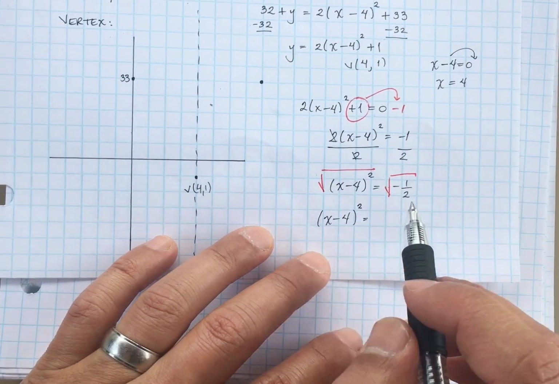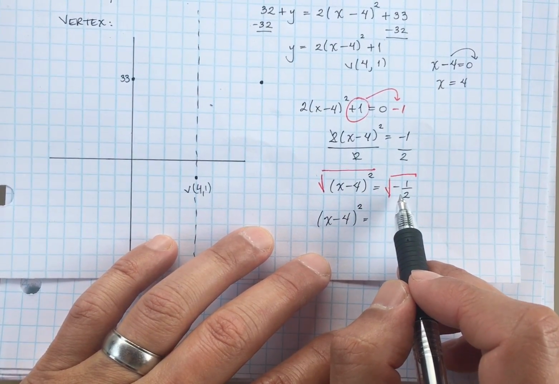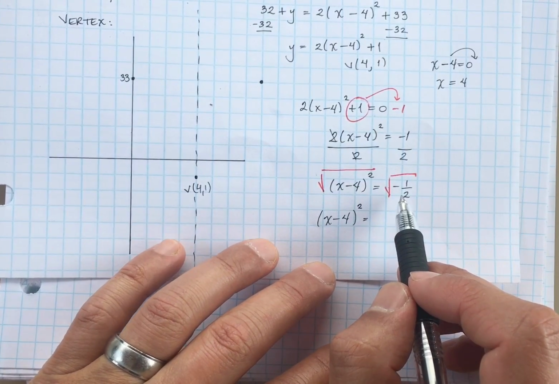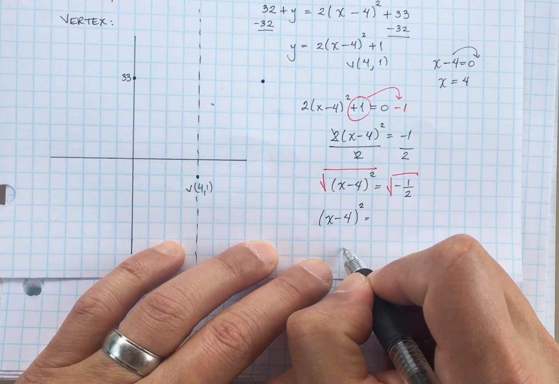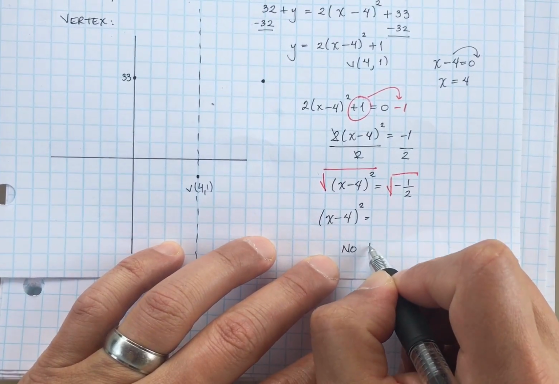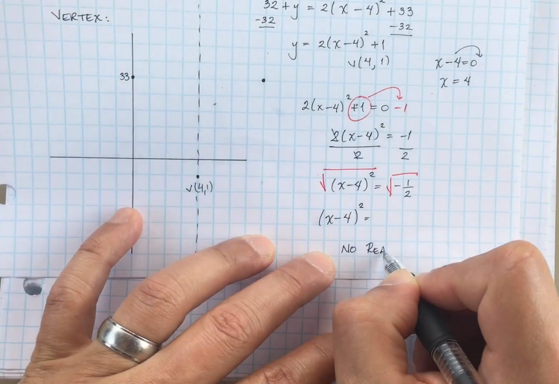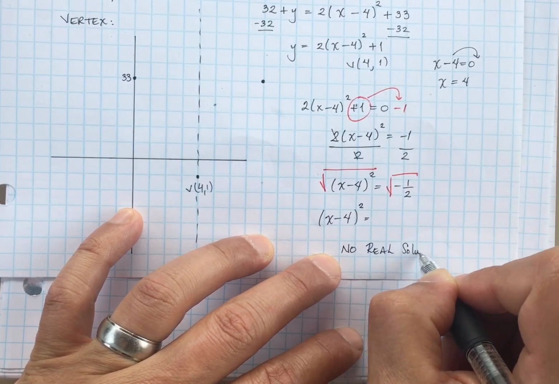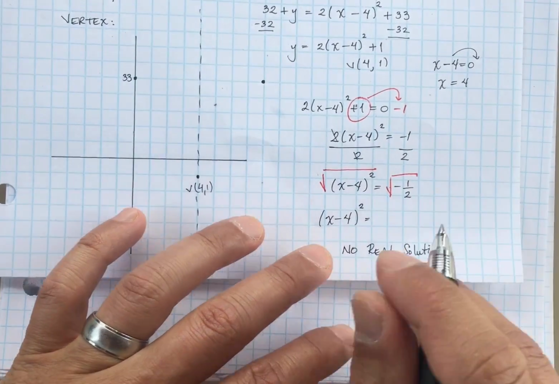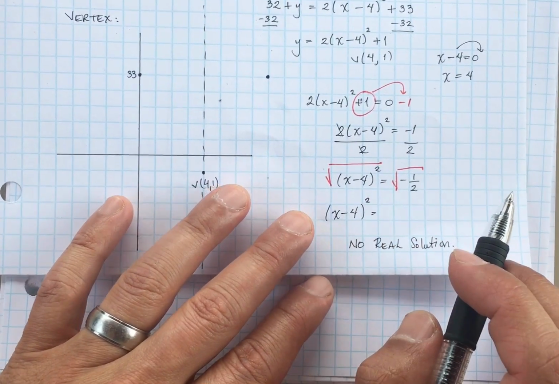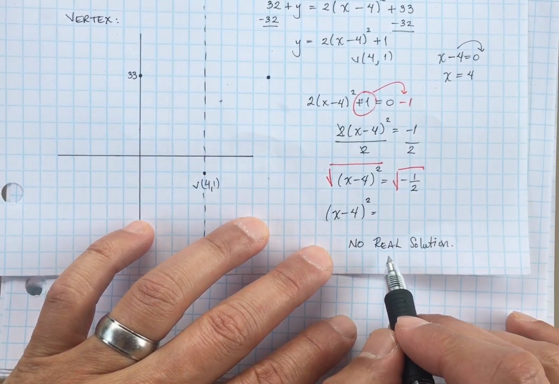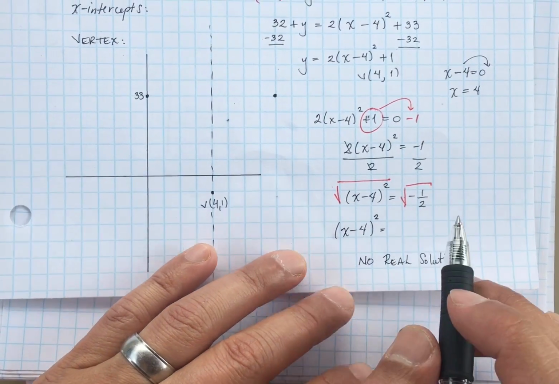Can we take the square root of a negative? The answer is no. So what's the answer? No real solution. So what does that mean? That means that this guy should not cross the x-axis.